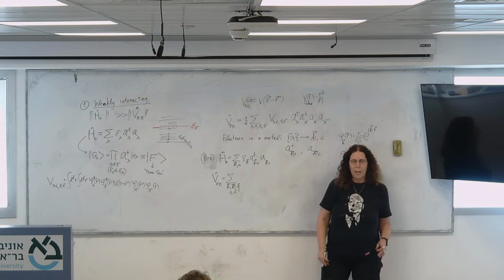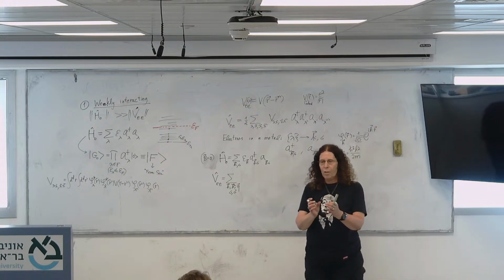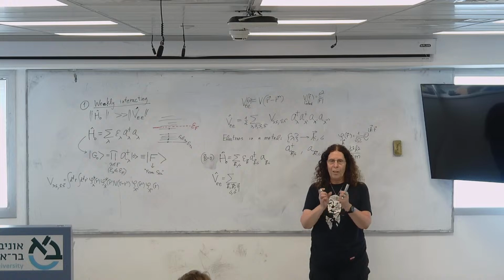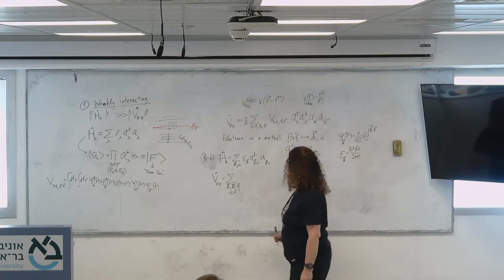The spin indices, why do I have only 2? Because, again, I start from a density. So each density operator is a sum of spins, okay, already.